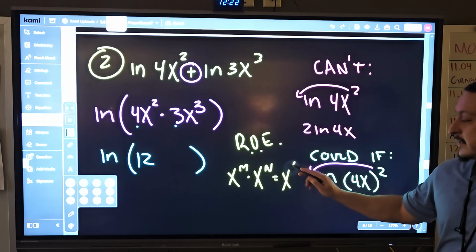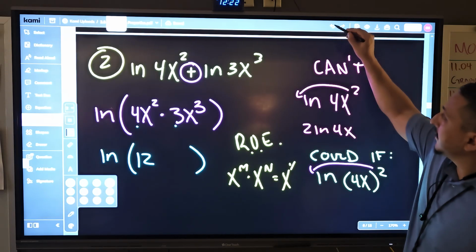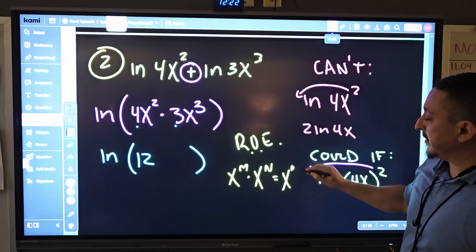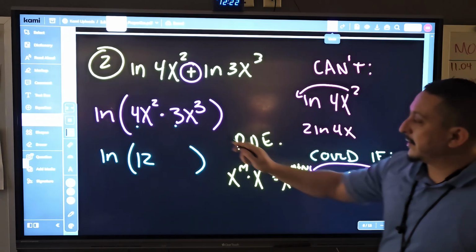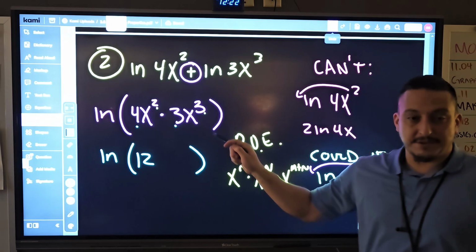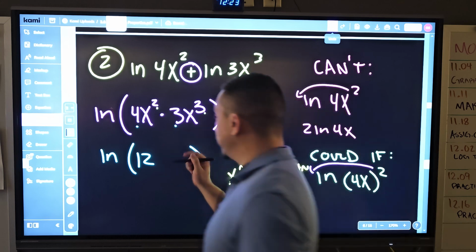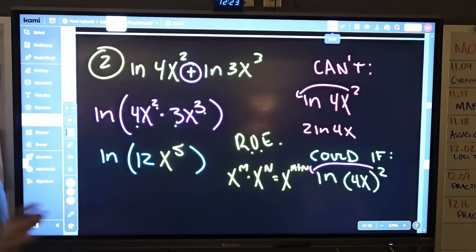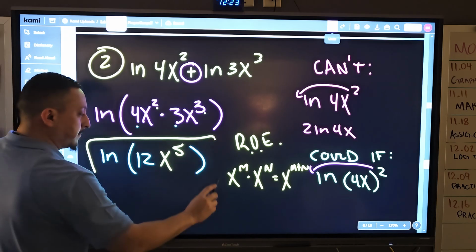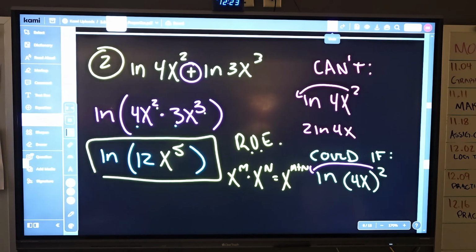You add them. So that's really m plus n. So right here it's not 2 times 3, but 2 plus 3. Just a refresher in case you forgot. So this is as far as you can go. If you're multiplying, you really add the powers. Is that okay, guys?